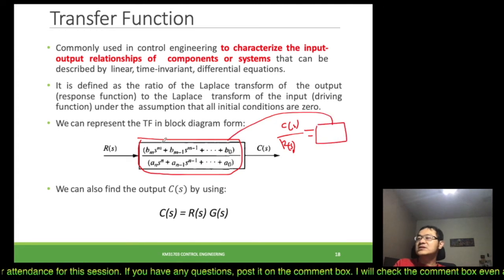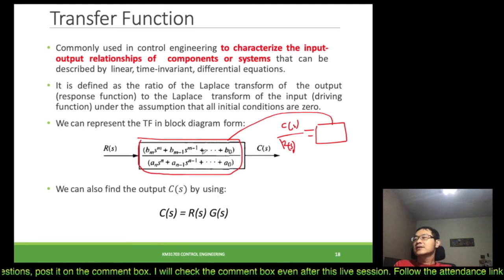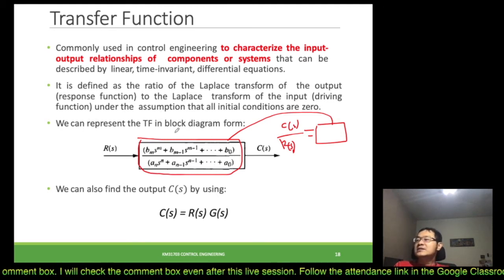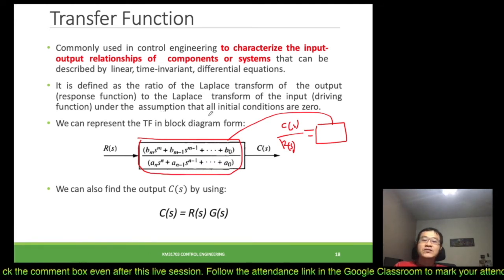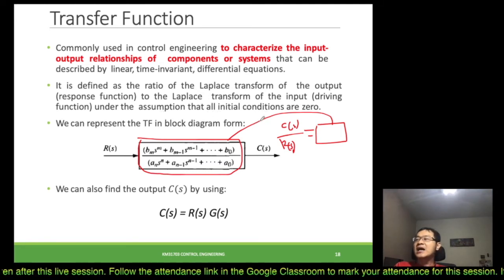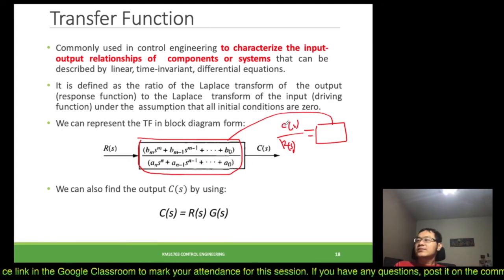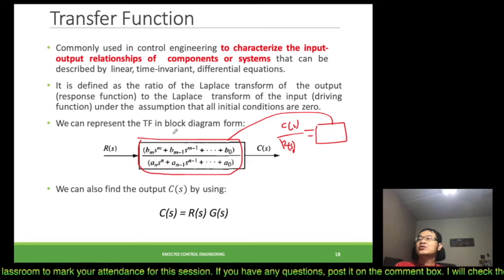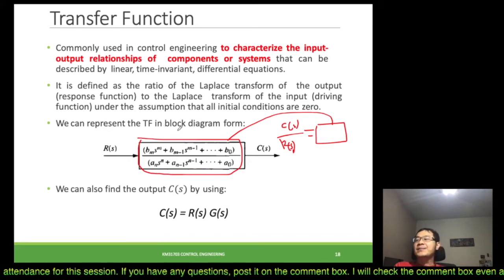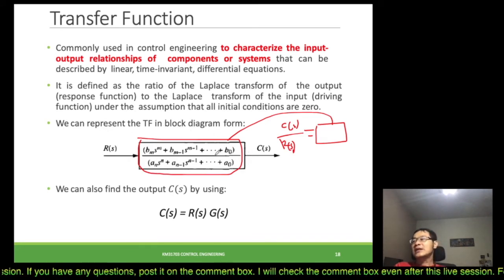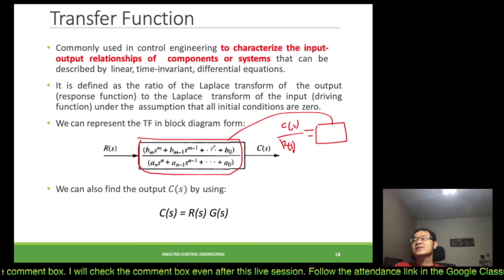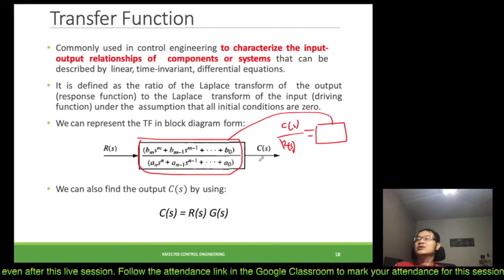Okay, so this is what we call the transfer functions. And in these transfer functions, the assumptions for all the initial conditions are 0. Once we know this ratio, output divided by input, we would represent them as a block diagram. So in the block diagram, we just put the arrow input of R(s) through this ratio, giving us this output, the C(s).